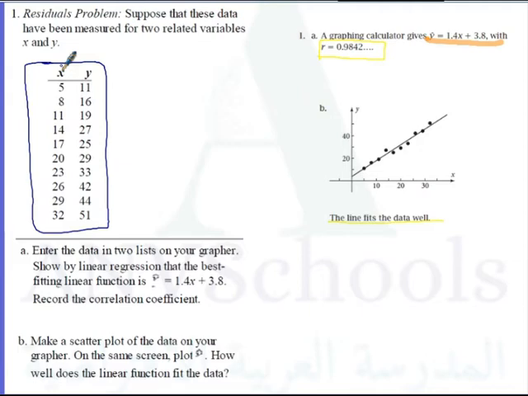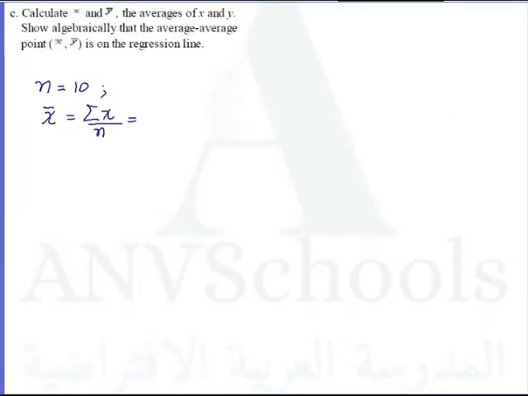That gives us 185, divided by n, which is 10. Therefore, our x bar, or the mean, is equal to 18.5.